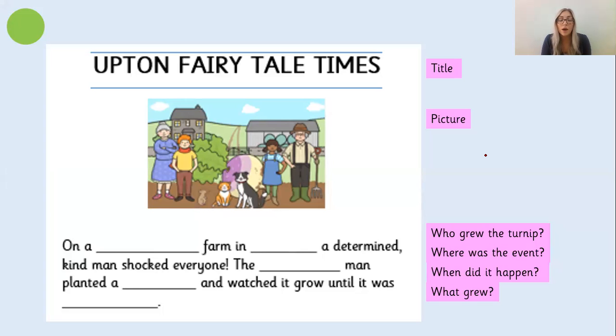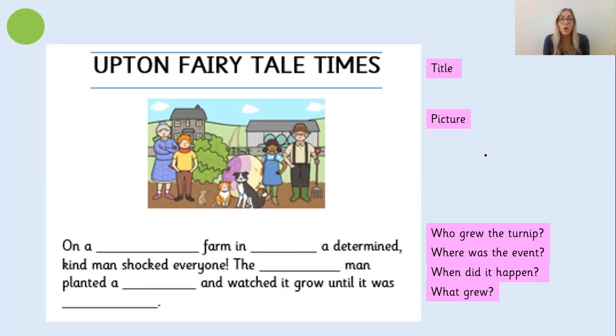It could be Upton Dinosaur Times. It could be anything that you want. Okay, so that is our title of our newspaper. Then you're going to have a go at drawing a picture. So you can see there that we've got everybody who was involved, and we've got the turnip and the farm in the background. And then this is when you're going to have a go at writing.